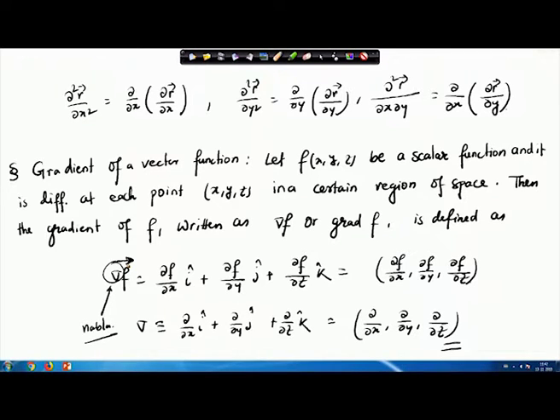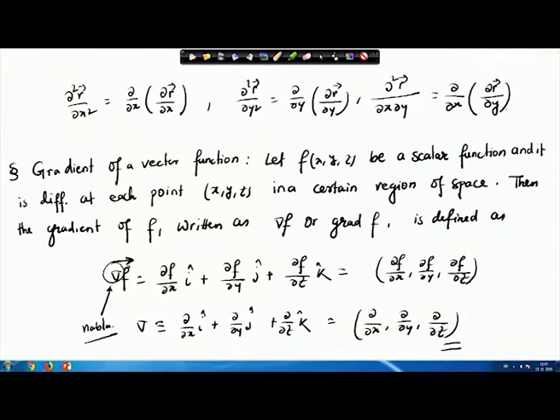Of course, in this case all the partial derivatives must exist for that scalar function. We can also note that the gradient of a scalar field defines a vector field. That means the gradient of a scalar point function defines a vector field actually.